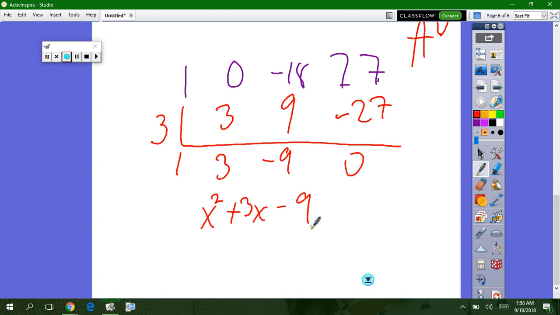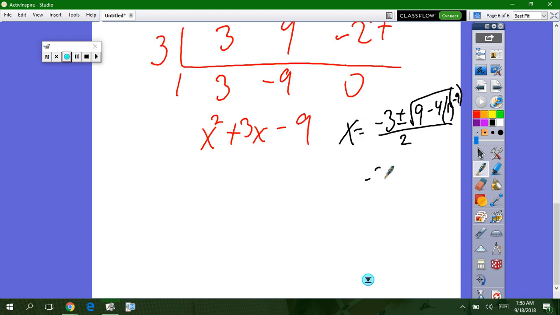Quadratic formula. So here we go. X equals negative 3 plus or minus the square root of 3 squared minus 4 times 1 times negative 9, all over 2a, 2. So that's negative 3. This is 9 minus a minus 36.